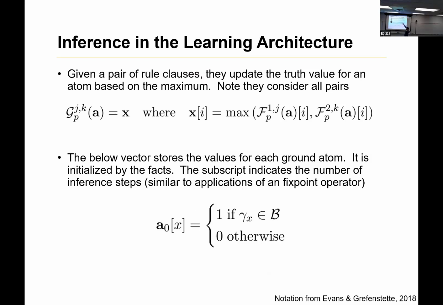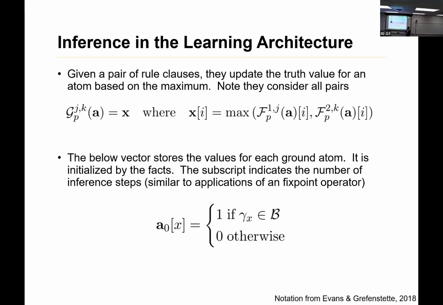And what this is doing is, for these two Fs, it's taking the maximum of the two. And you can think of these two Fs as taking that A vector. So the A, you could think of that as a vector representation of a set of ground atoms.